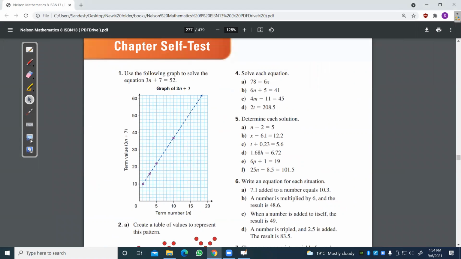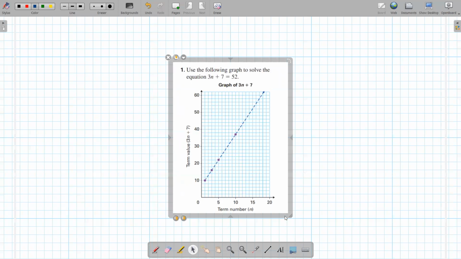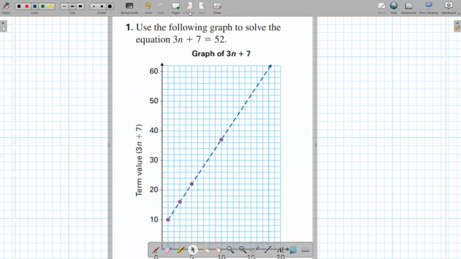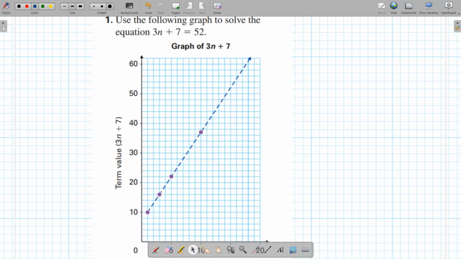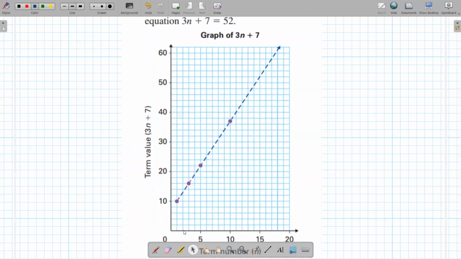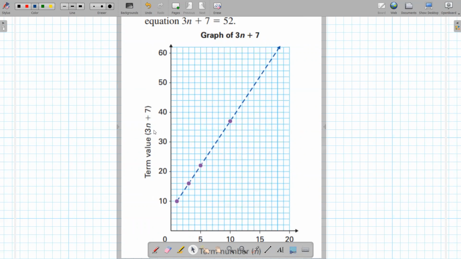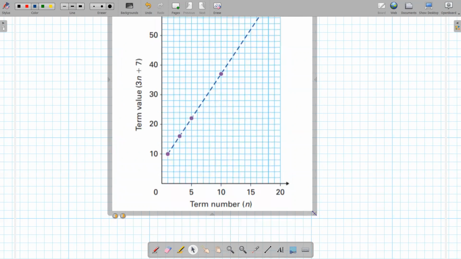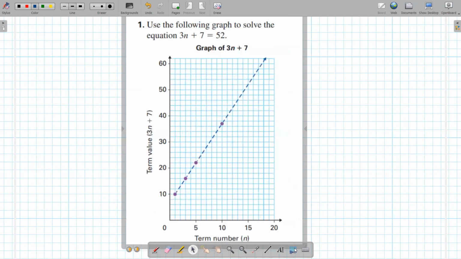All right, let's do a couple of questions from the chapter self-test. Boom. Use the following graph to solve the equation. So we're trying to solve for 3n plus 7 equals, let me just make this more... Alrighty.